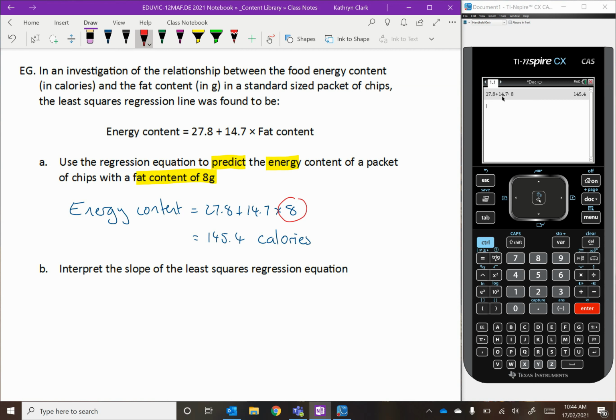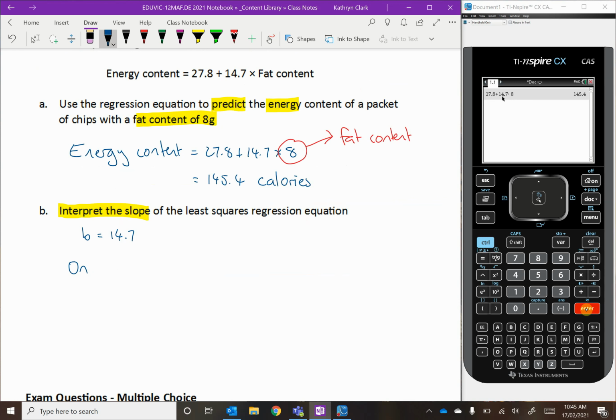So this was our fat content that we substituted in. All right, now this is a very common second part of this question. Interpret the slope of the least squares regression equation. So our slope is our b value, which in this case is 14.7.